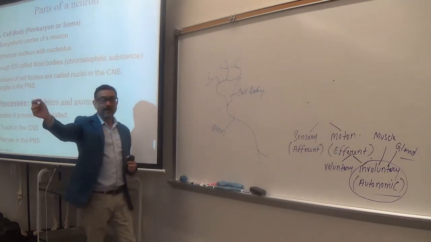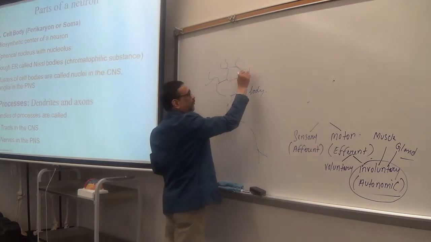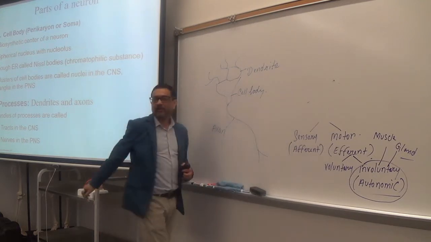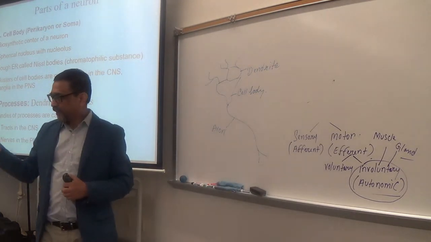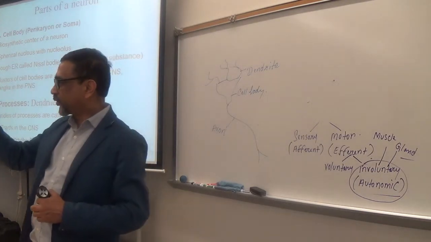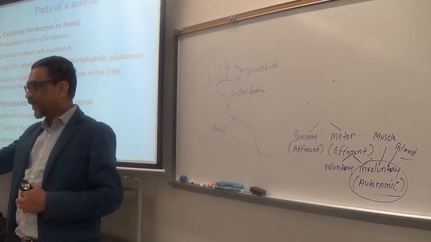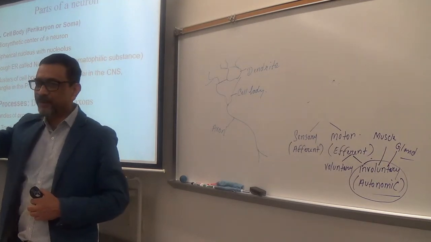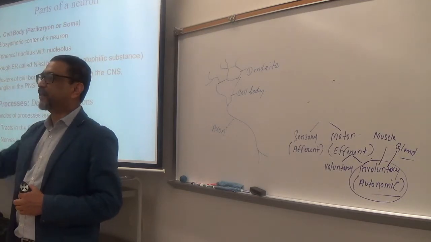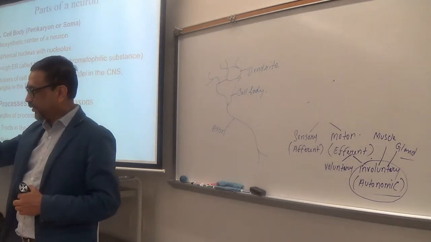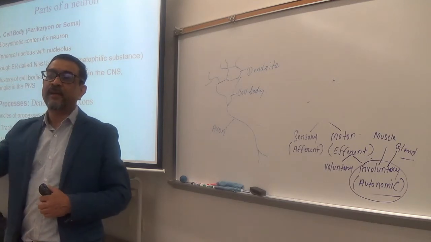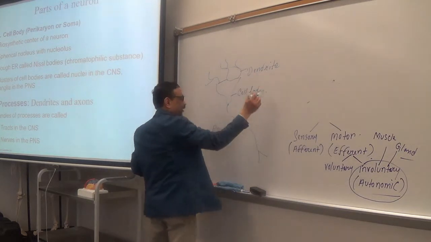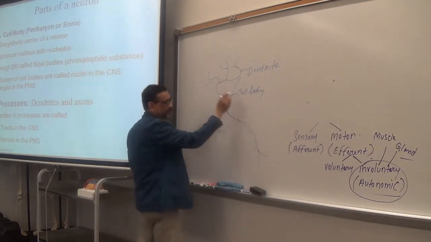These are called dendrites. So you have a cell body and two types of processes: dendrites and an axon. The axon is single, dendrites are multiple. The axon is long, dendrites are short, and dendrites have branches.